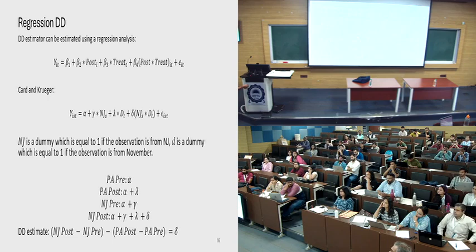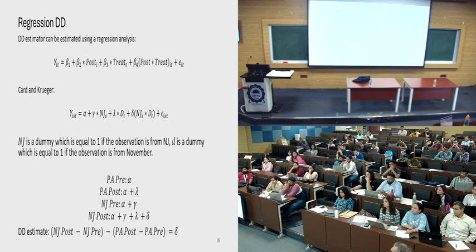NJ pre is nothing but alpha plus gamma, because NJ is equal to 1. Then after the policy, it is alpha plus gamma plus this guy lambda, because the policy has taken place, plus delta. Now taking the difference, I first take PA post minus PA pre.